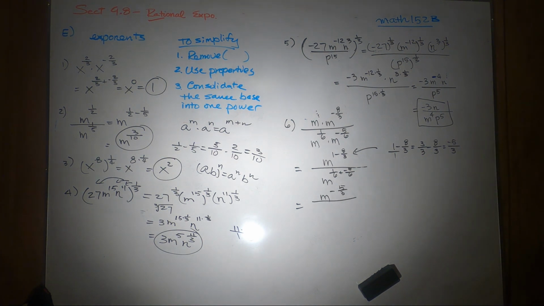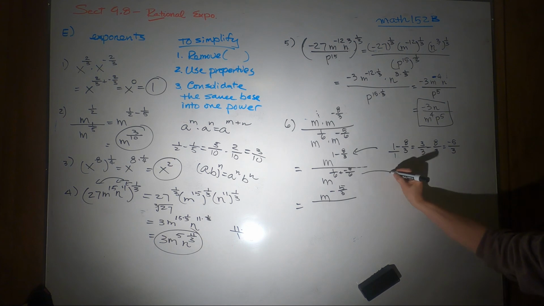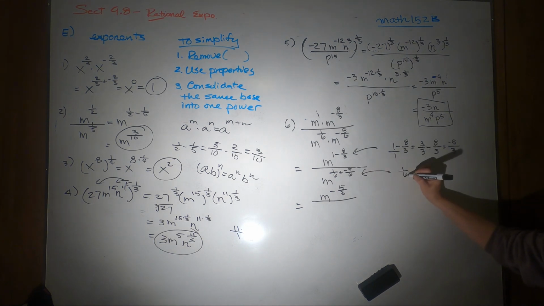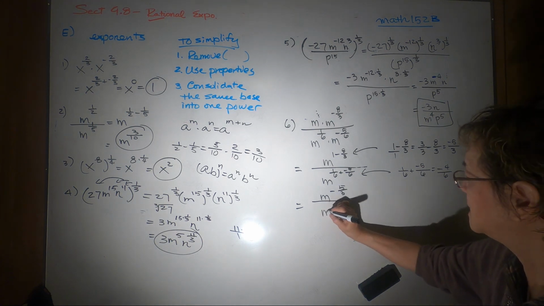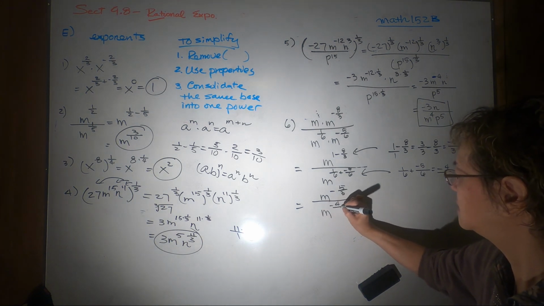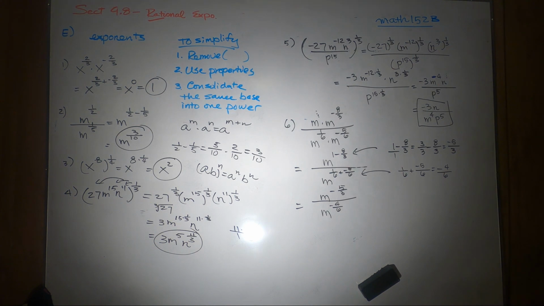The bottom: 1/6 plus negative 5/6 would be negative 4/6, so that will be m to the negative 4/6.